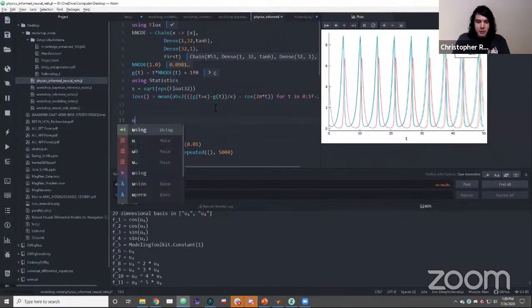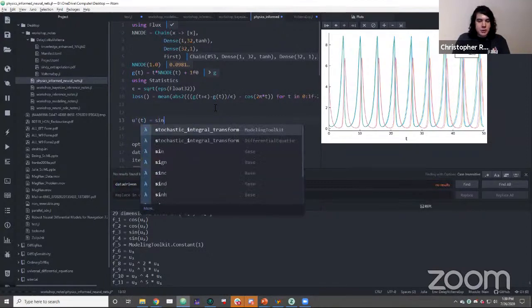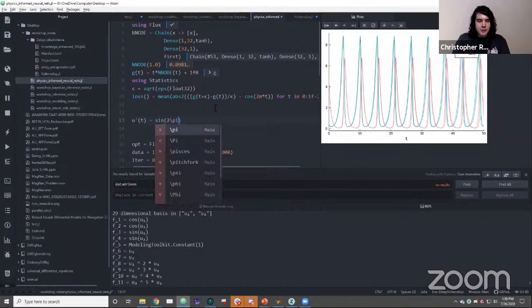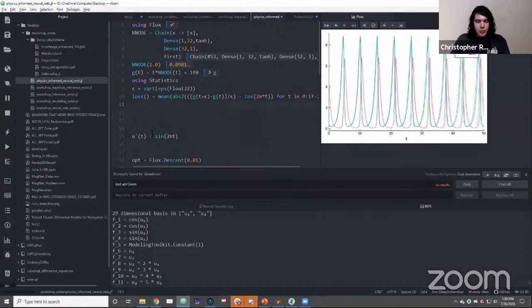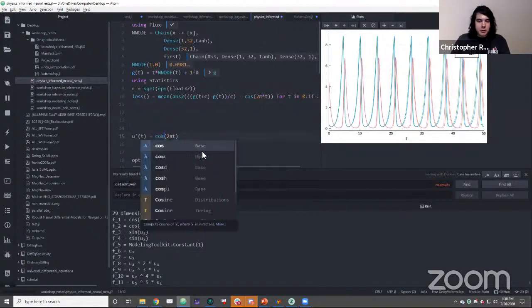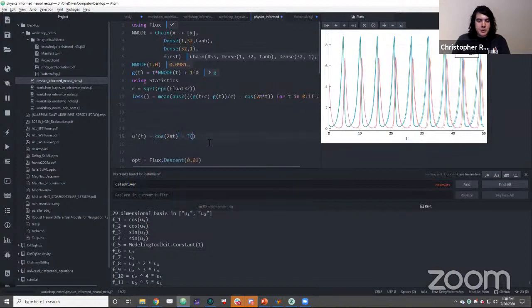Let me just write it down here. u prime of t equals sine of 2 pi t. Right, or u prime of t equals cosine of 2 pi t, right? So my right-hand side actually ends up being just a function of t. Here, just for demonstration, I'm going to calculate derivatives by using a finite difference, but you should use automatic differentiation in practice.